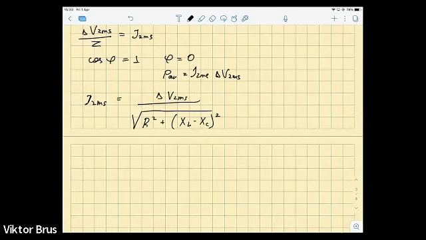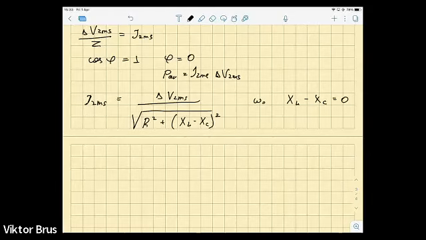So from here, we see that the resonance condition will happen at a certain frequency, omega naught, when XL minus XC is equal to 0.